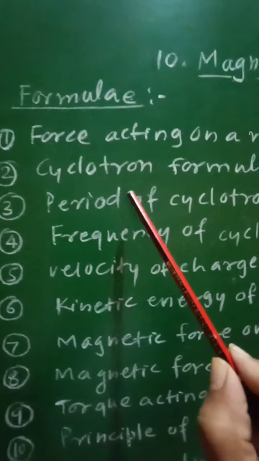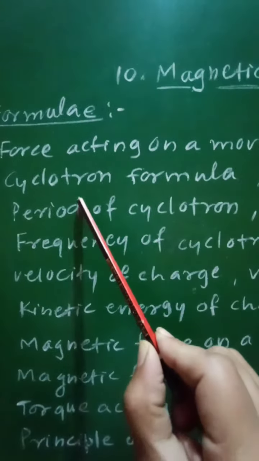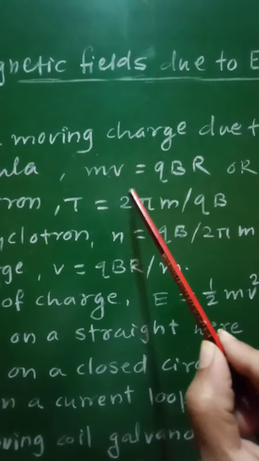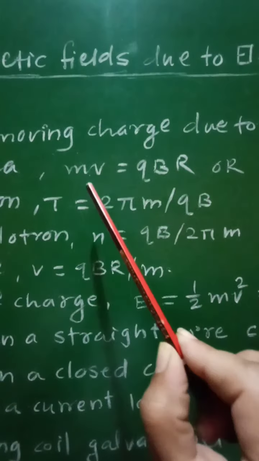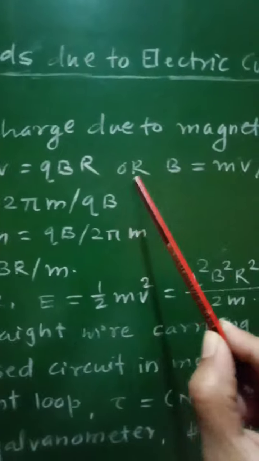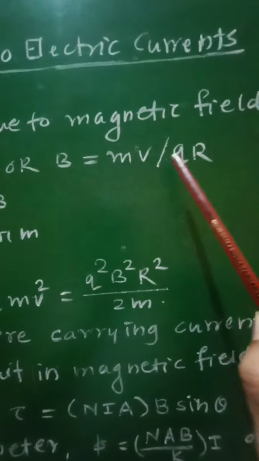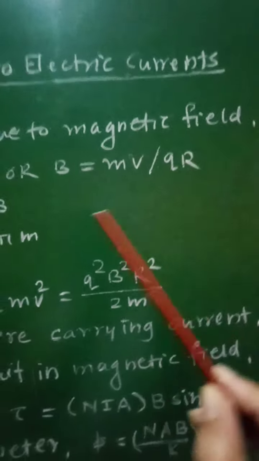Second formula is the cyclotron formula. It is given as m v equal to q B r, or magnetic field B will be equal to m v upon q r.